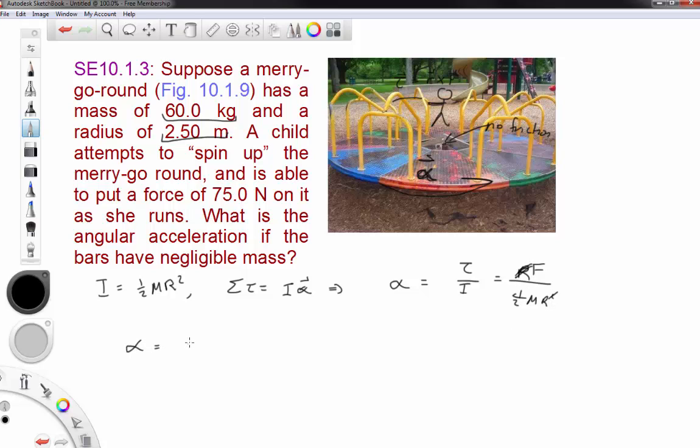You end up getting that the angular acceleration should be 75.0 newtons divided by the half. So a half in the denominator is the same as 2 in the numerator. And then the mass is 60 kilograms. And the radius is 2.50 meters. So what this gives us is a total angular acceleration of 1.00 radians per second squared.